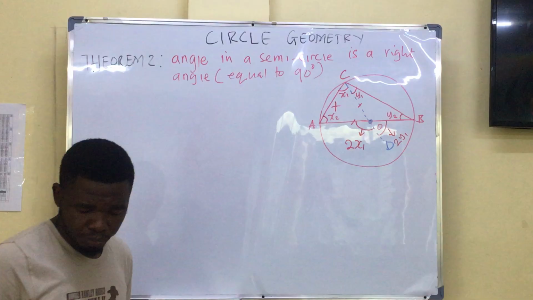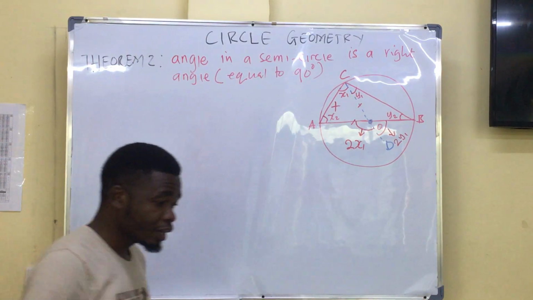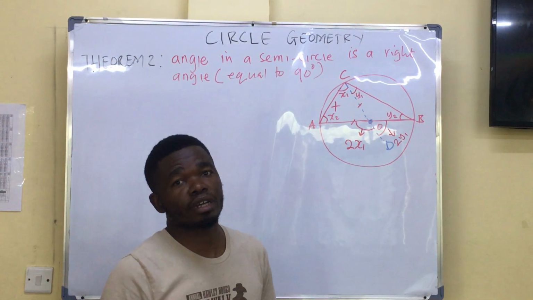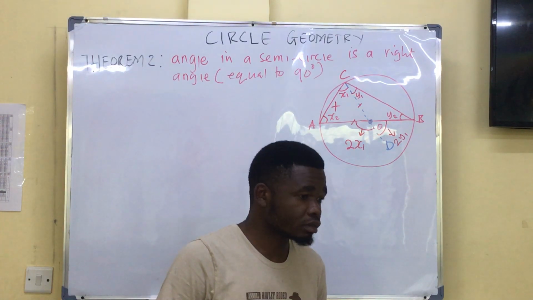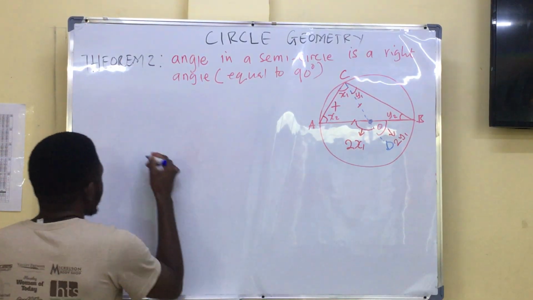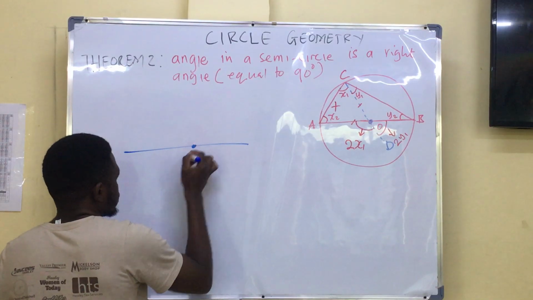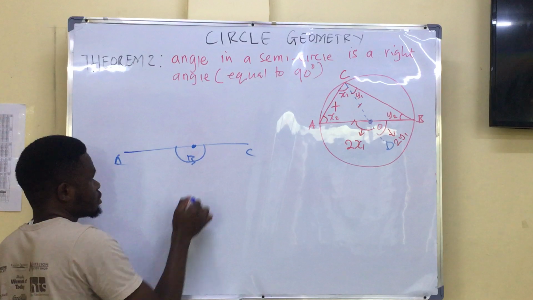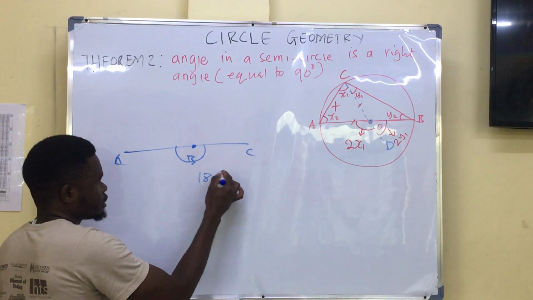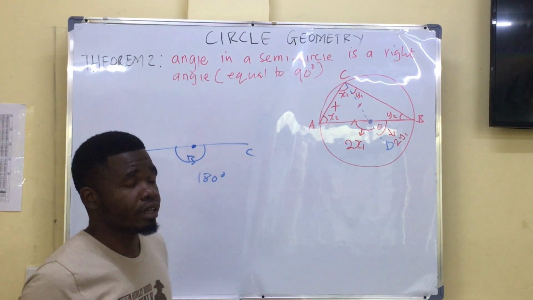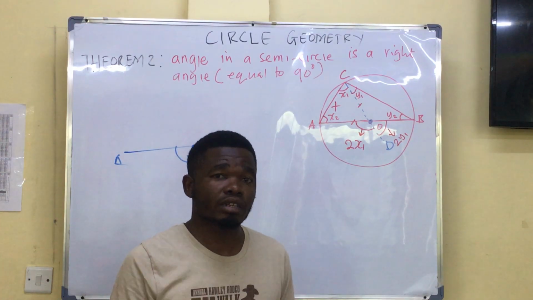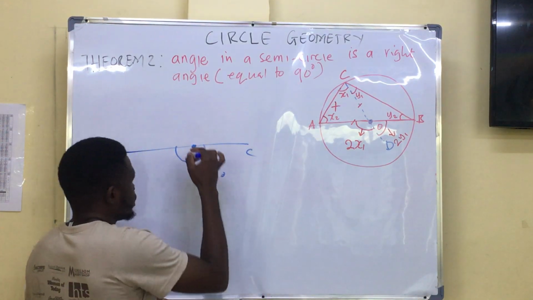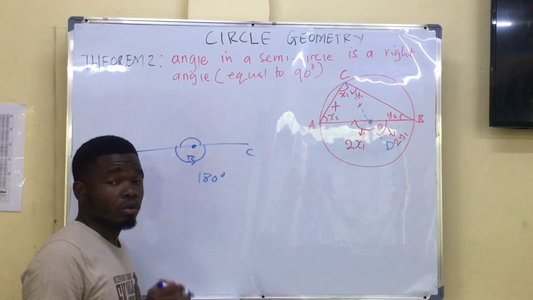Okay, so remember angles in a straight line, right? Angles in a straight line. If we take this one, A, B, C, the value of this angle is 180 degrees. Why? Angles on a straight line are equal to 180 degrees. Meaning this side as well, 180.